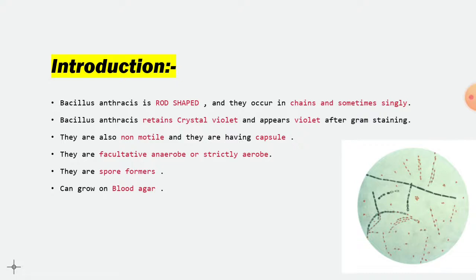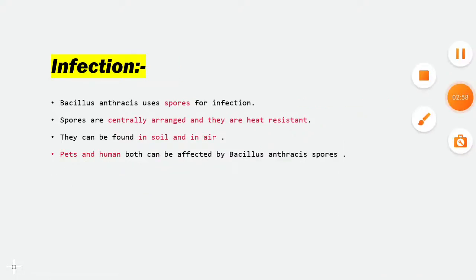Bacillus anthracis is usually a facultative anaerobe or strict aerobe, and they have the ability to form spores, they have capsules, and they can grow on blood agar. It uses its spores for infection, and these spores are present in both soil and air, centrally arranged, and heat resistant.